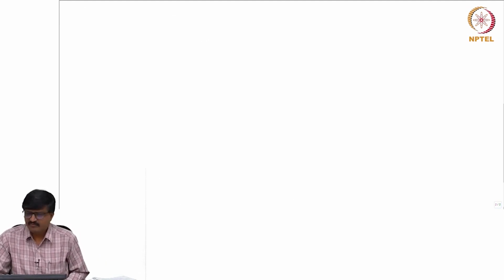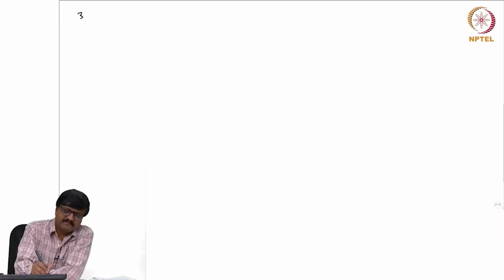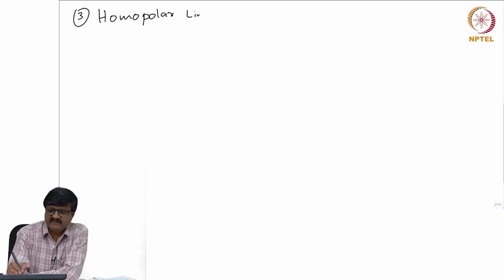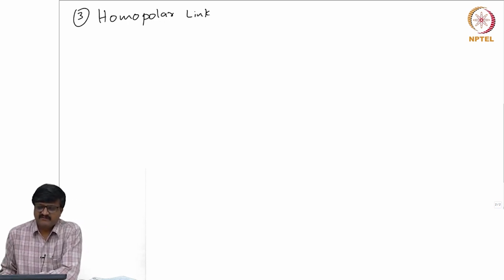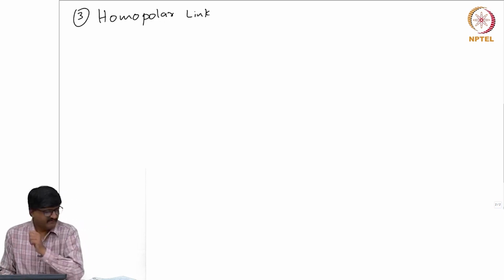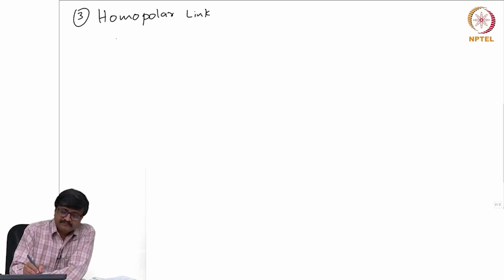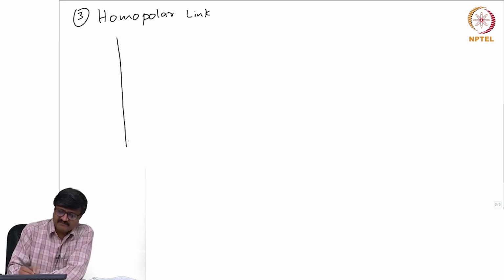There is one more possibility, that is homopolar. Now, these types of links are just mentioned for the sake of completeness. So, we will see that the only one type is actually preferred in practice. So, again I will draw the schematic diagram.